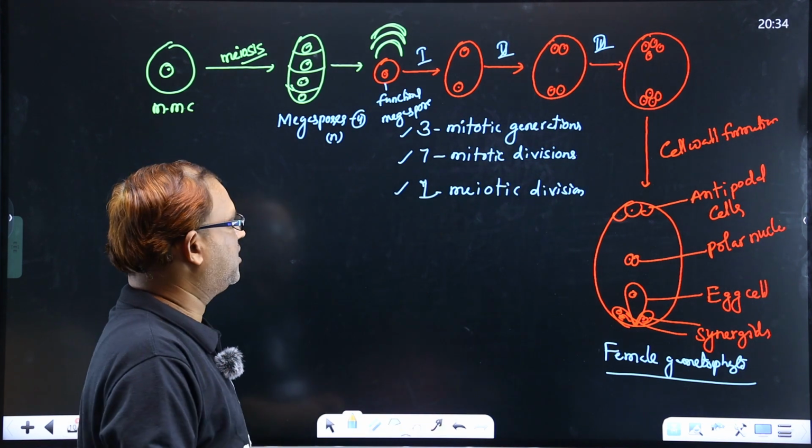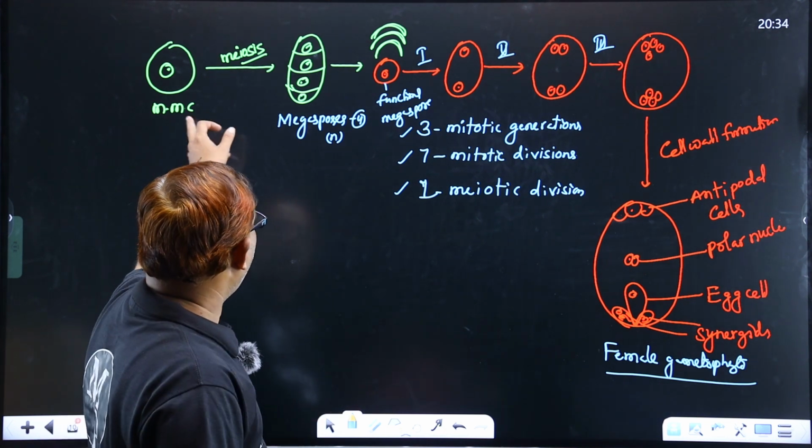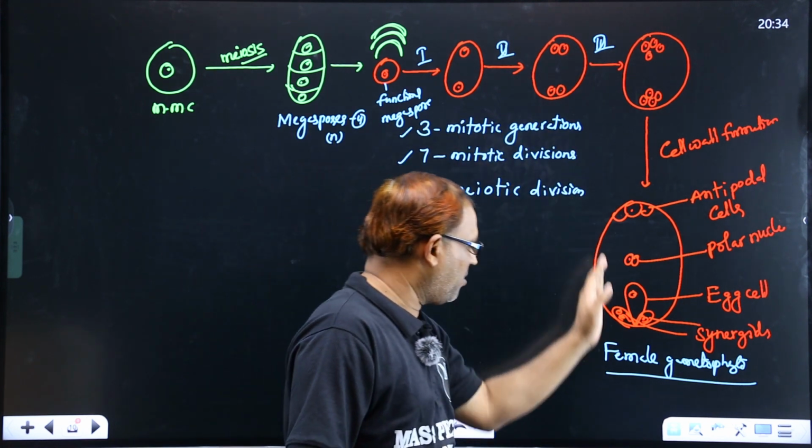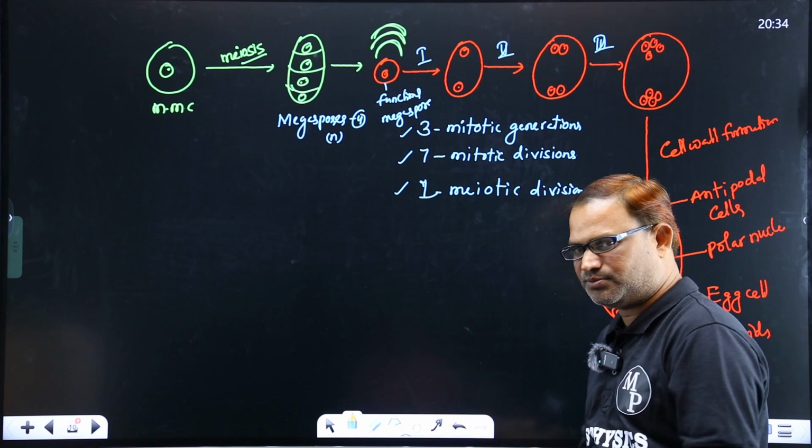So 1 meiotic division takes place to form a complete female gametophyte. How many female gametes are formed here? Only 1.